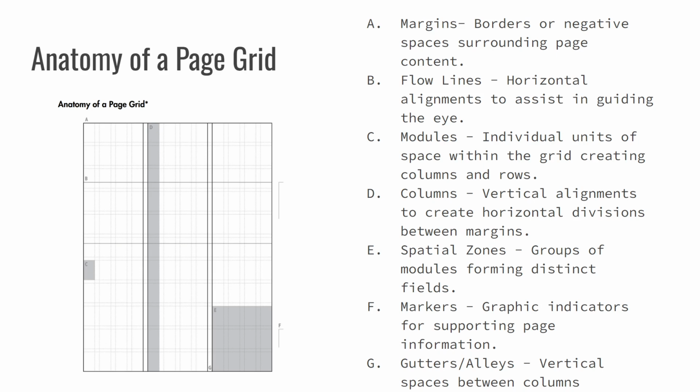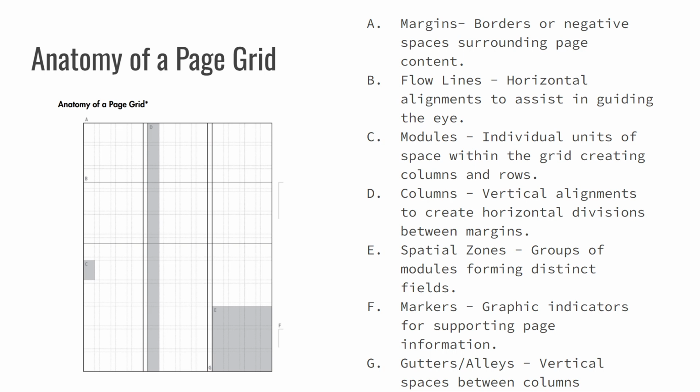Okay, so let's look at what actually makes up a grid now that we've seen what grids can be. This will be our last slide for the lecture. If you need to see it bigger, please go look at the slides. So the margins are around the outside of the page or the grid itself.